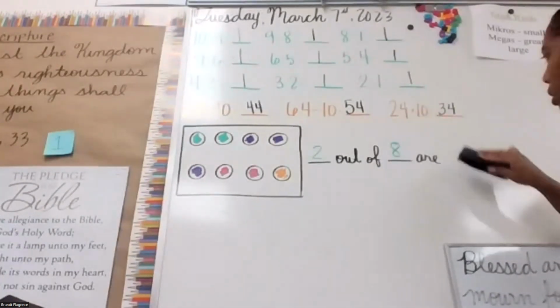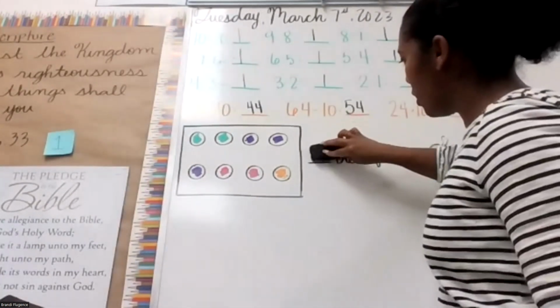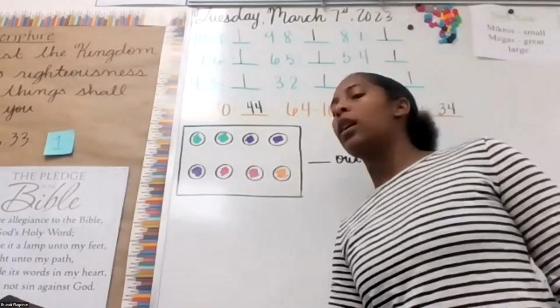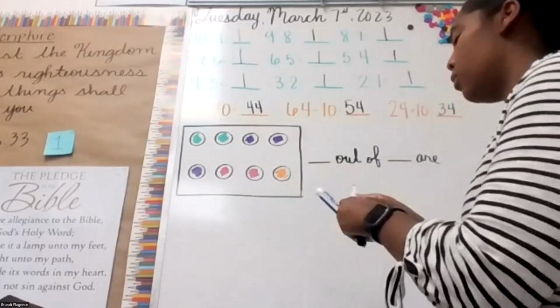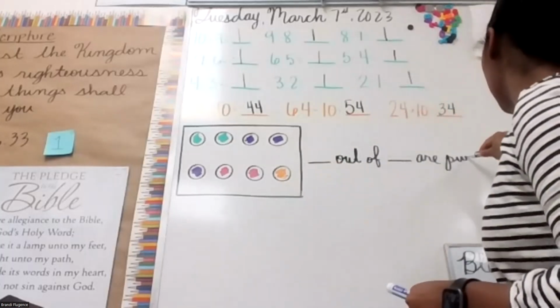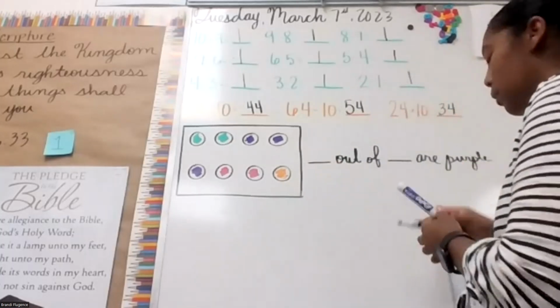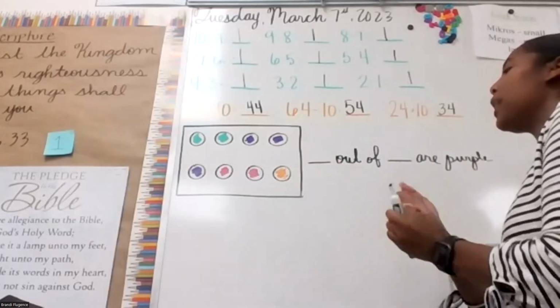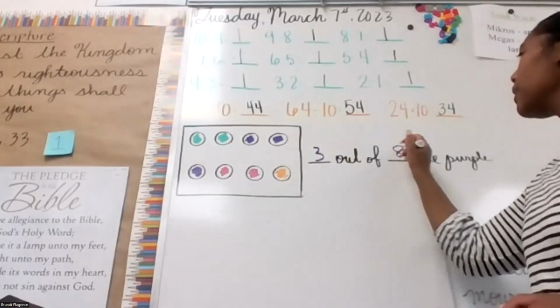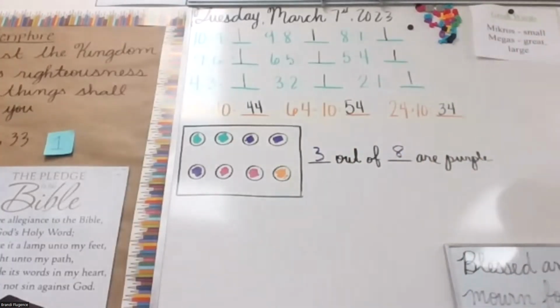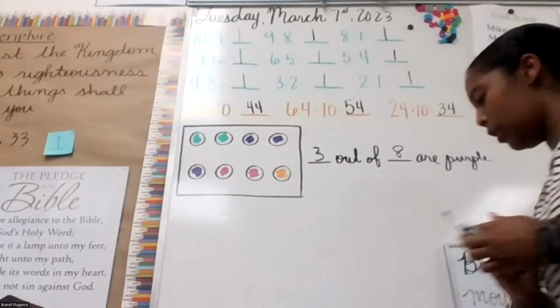Okay, let's do the fractional part of the next one. Next is purple. How many are purple? 3. So let me put that here. Purple. How many are purple again? 3. Out of how many total? 8. 3 out of 8 are purple.